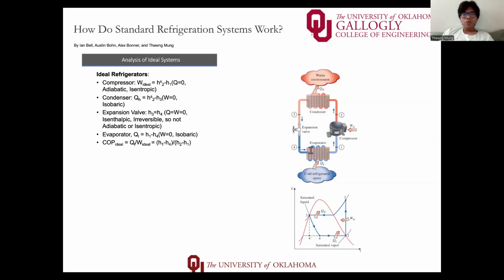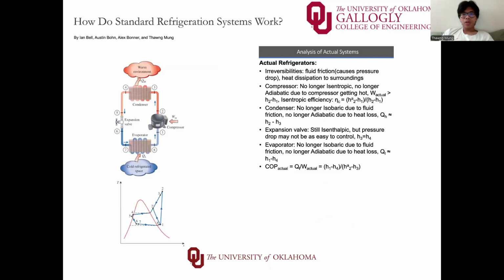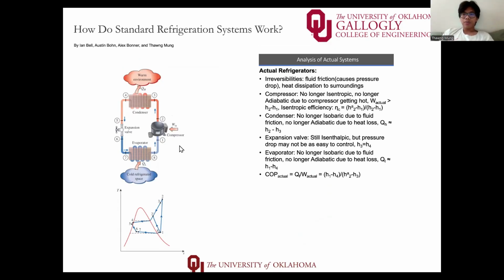However, real world systems behave differently due to irreversibilities like fluid friction and heat loss to the surroundings. In the actual compressor, the process is no longer isentropic or adiabatic because the compressor heats up and requires more work than the ideal case.